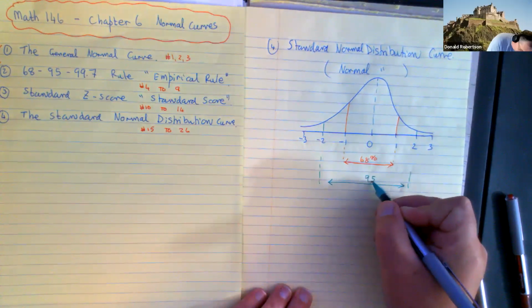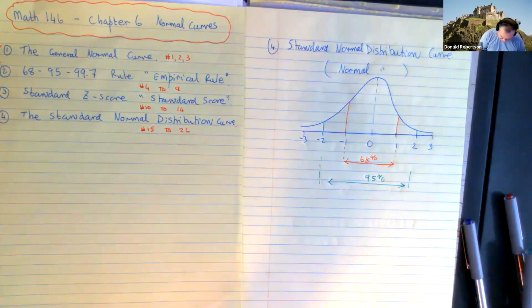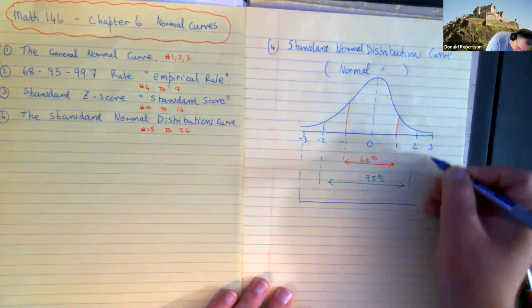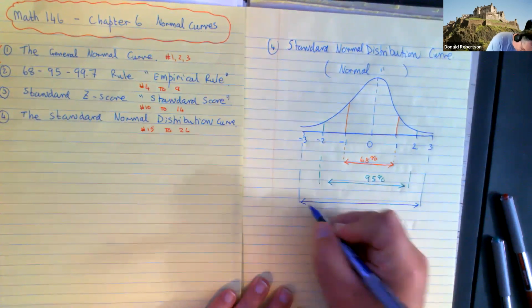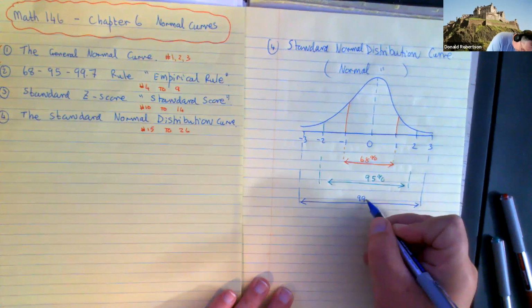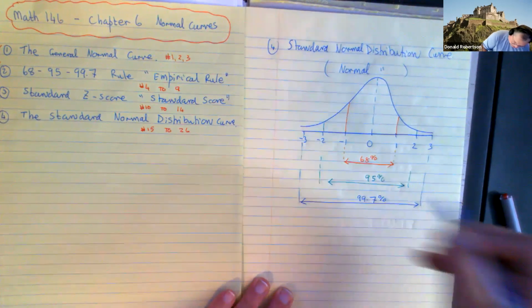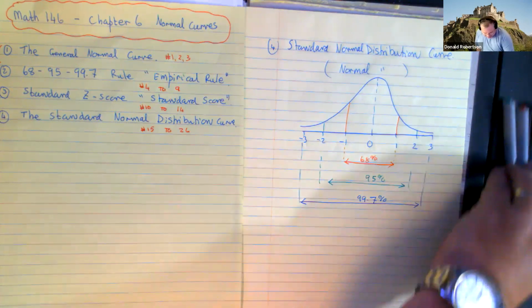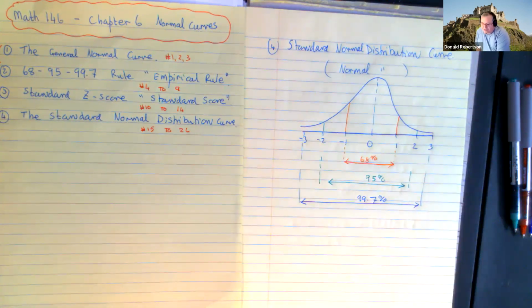You know where I'm going with this, don't you, with the next question? But for completeness, let's do it. If you do 3 standard deviations, won't you have 99.7% of all the data? So if you calculated someone's z-score, 99.7% of them will be between -3 and 3. Can you see the test for an outlier then is a z-score bigger than 3 or a z-score less than -3? That's where the outliers live.